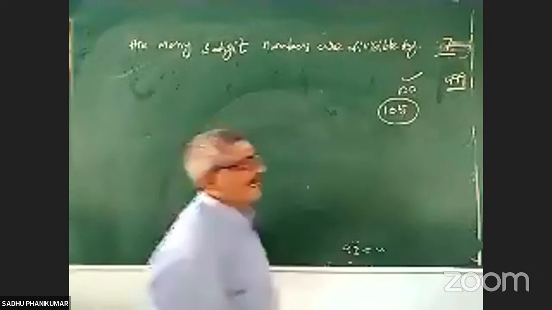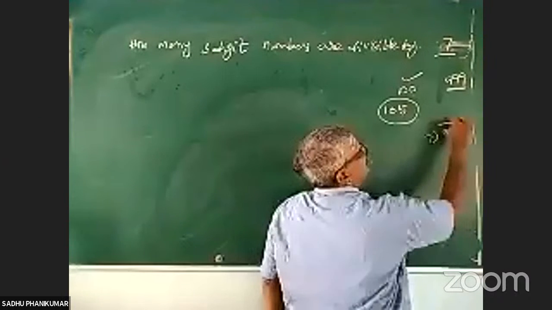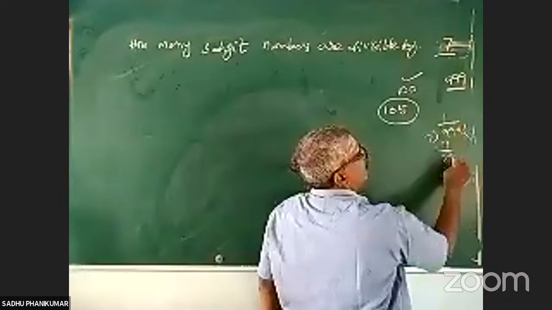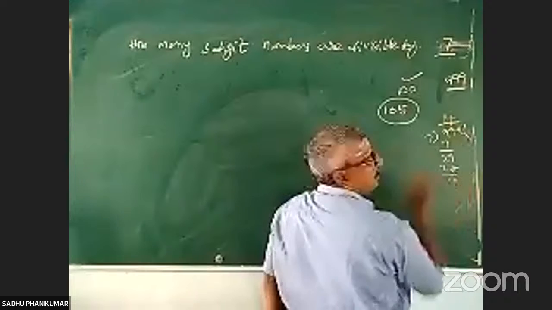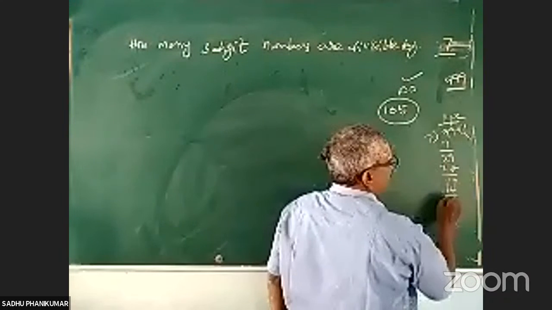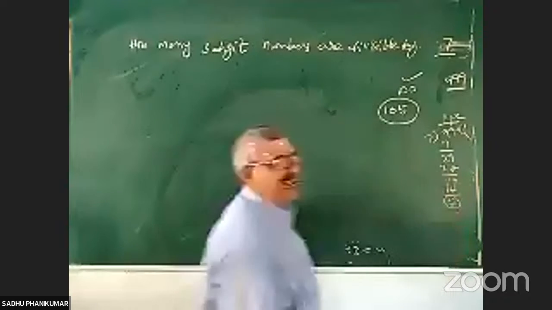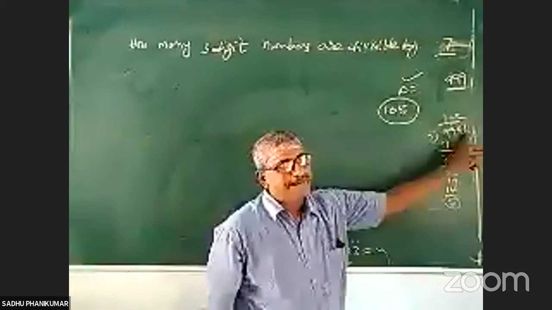And after that, 999 is there. Dividing 999 by 7: 7 ones are 7, 7 fours are 28, 7 twos are 14, and 5 is the remainder. That means the last three-digit number divisible by 7 is 5 less than 999.